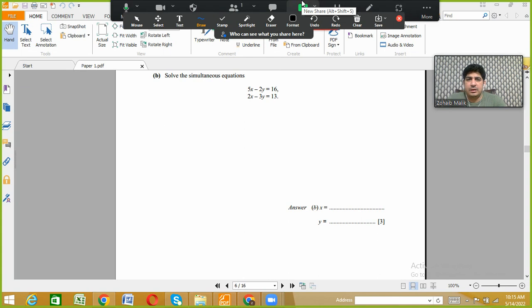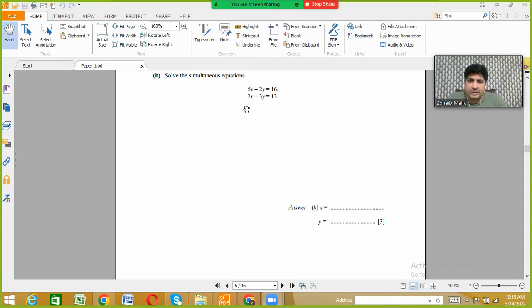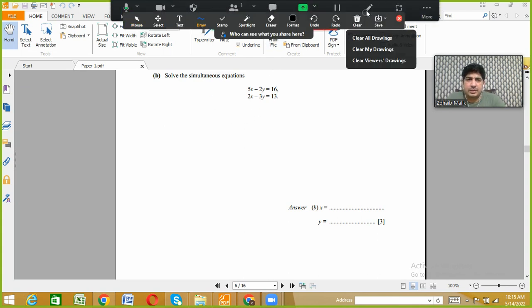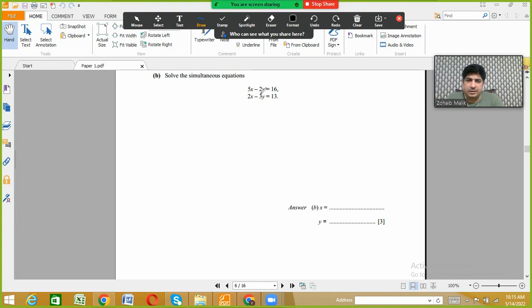So we are just going to solve it by the substitution method. If we find the x value from the first equation, this is 5x minus 2y is equal to 16. So 5x is equal to 16 plus 2y, and x is equal to 16 plus 2y over 5.